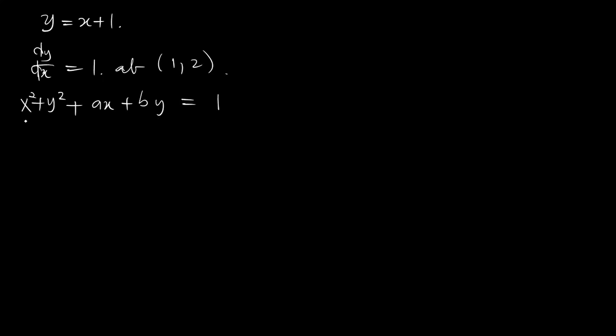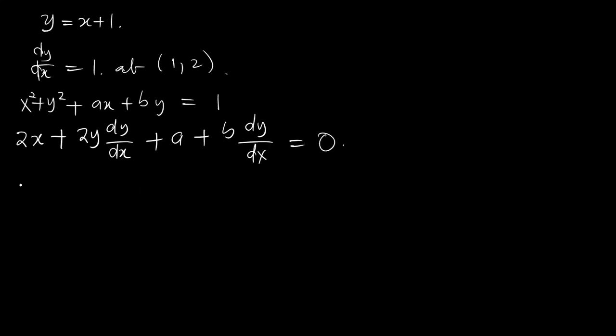let's differentiate this curve. So you have 2x plus 2y dy/dx plus a plus b dy/dx equals 0. Now let's factor the expressions that are common. You bring them together, with the gradient being common.